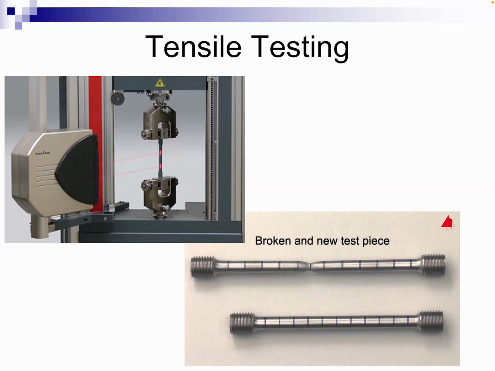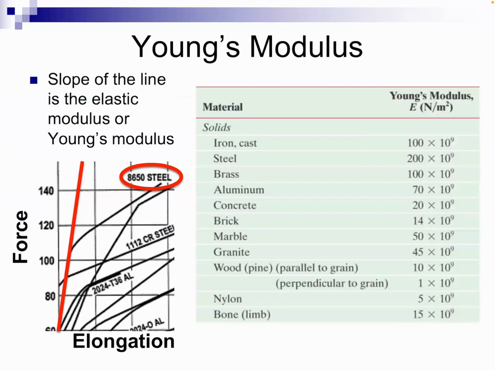And by measuring the corresponding strain for each stress, you are able to plot the graph I've shown earlier. You're able to plot how much elongation there is for a particular tensile force applied on the material. And the Young's modulus is the slope of the elastic region.